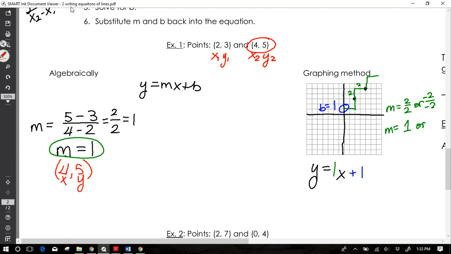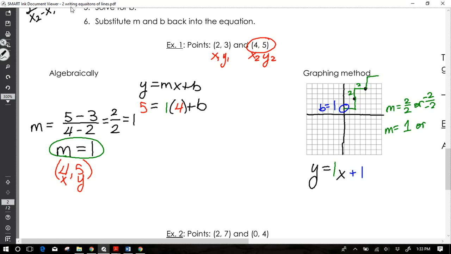So I'm now going to plug in those 3 pieces of information. So 5 is a y, 4 is an x, my slope is 1, and then I'm going to bring down the rest of the formula. And then remember, that's not 14, it's 1 times 4, so wrap that up in parentheses.